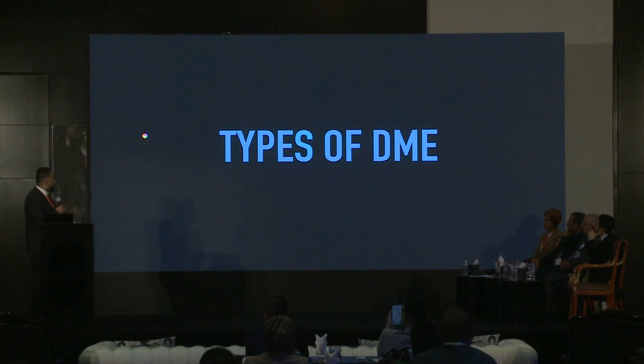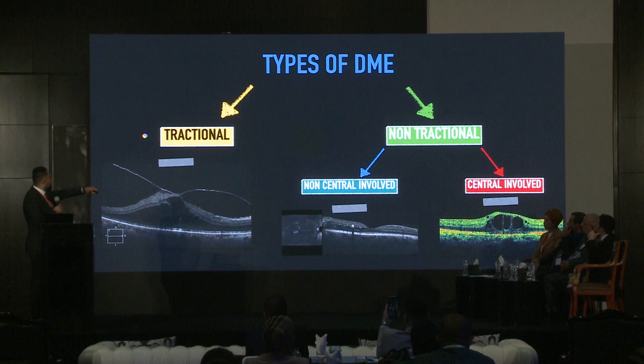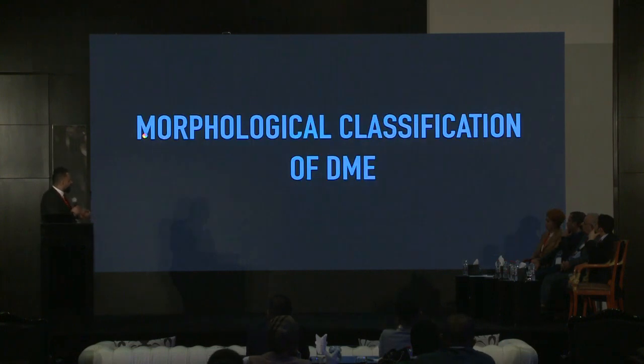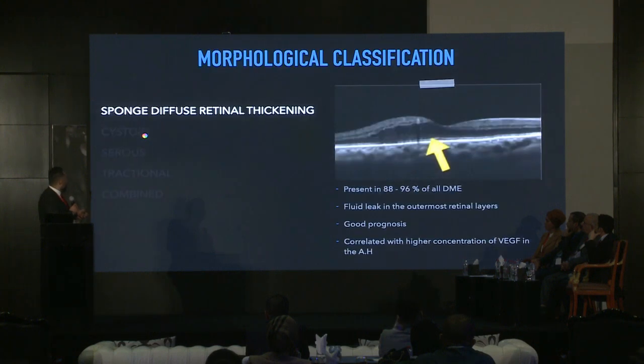The types of diabetic macular edema: we have the tractional and non-tractional, in which the non-tractional is subdivided into non-central involved and central involved. Morphological classifications: we have the sponge-like diffuse subretinal thickening, which is present in almost cases of diabetic macular edema.